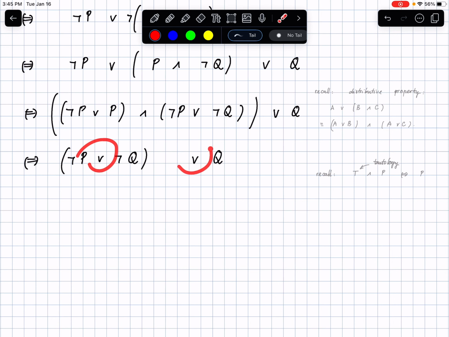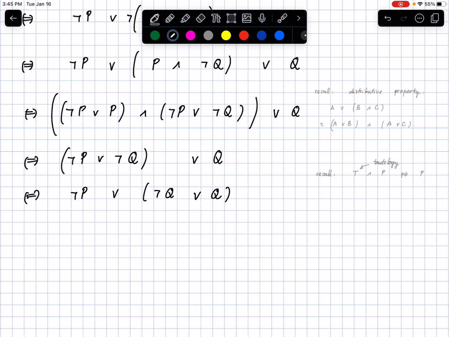We only have the OR operation, so we can remove the brackets, right? Because of the associative property, only OR. So this is the same as deleting the brackets, and doing associative by writing not P or not Q or Q, right?